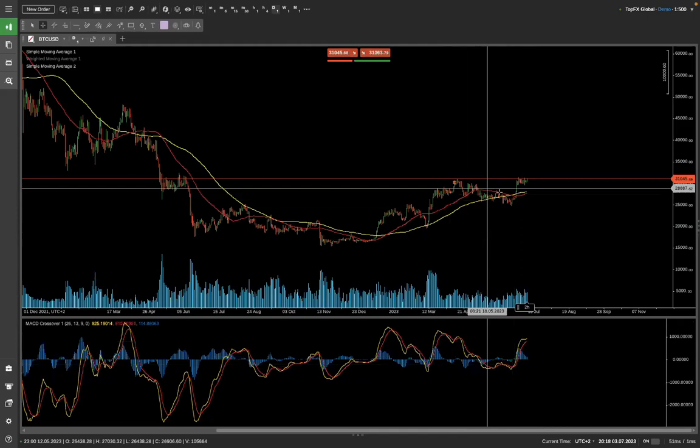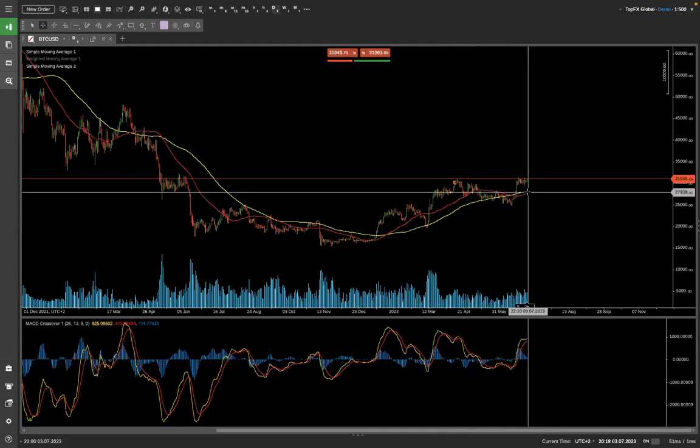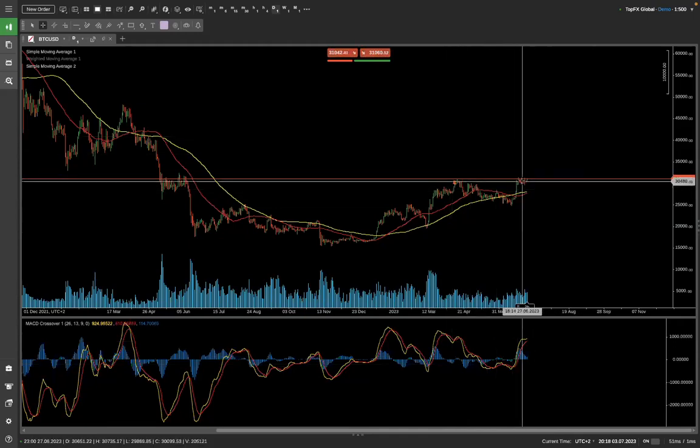So right now they're almost flattened, around the level of 27, 28,000, somewhere like this. And it doesn't matter if this is a Bitcoin CFD, Forex, metals market, or any kind of share, you can still use these moving averages in order to adjust your strategy to the current market conditions and to see whether you are trading during the uptrend or downtrend.